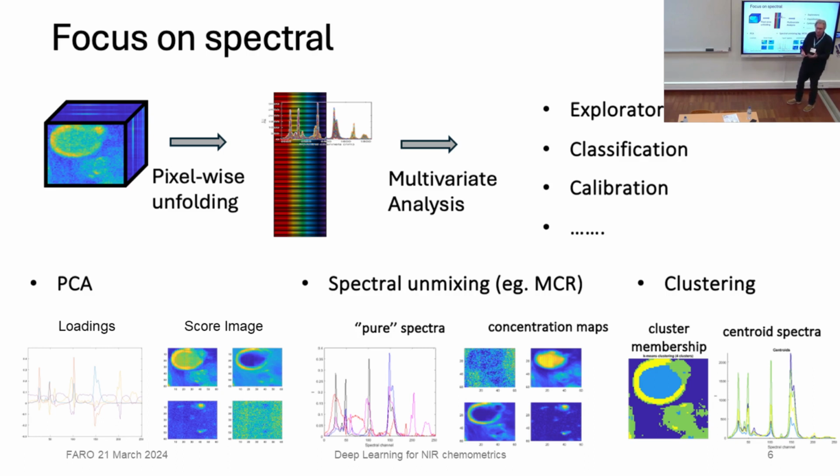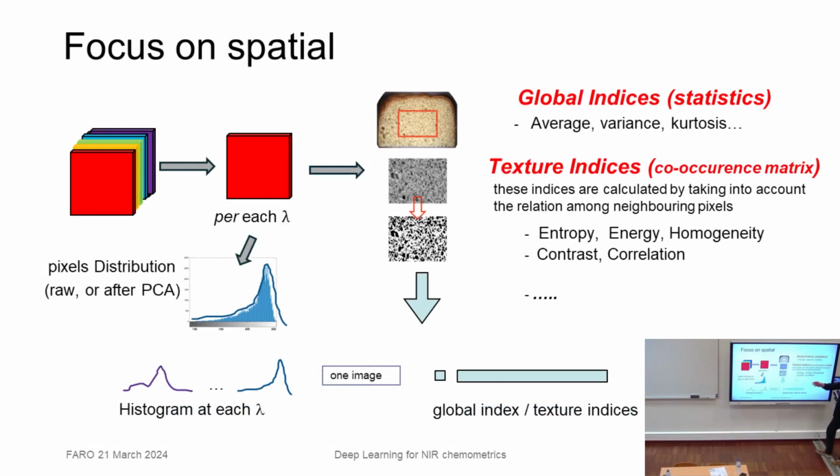So it's very interesting because you have images of concentration, or images of scores, and you have a relationship between the loadings and these images, so you can do an interpretation, but a posteriori. Okay? And then, I think it's your turn.